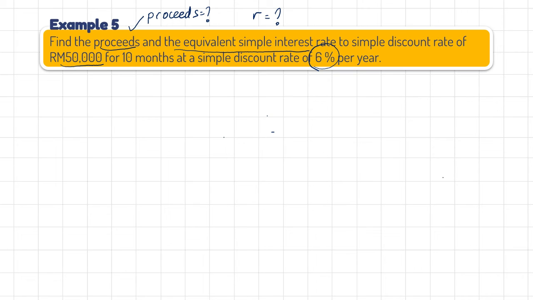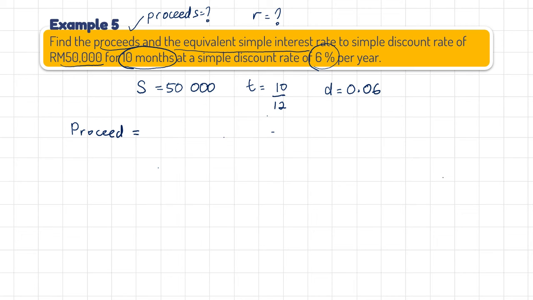50,000 ringgit is referring to our loan, which is capital letter S equals 50,000 ringgit. Then we have 10 months. 10 months is referring to our T, 10 over 12. 6% is the simple discount rate, therefore this is our small letter d, 0.06. Let's write the formula that we have, which is proceeds equals S times 1 minus dt.